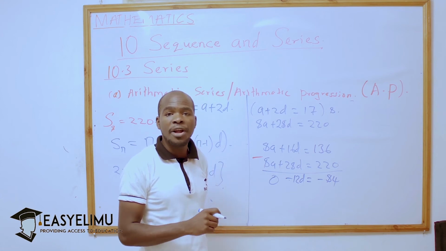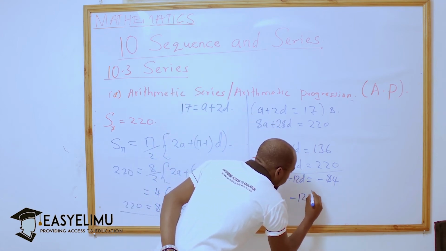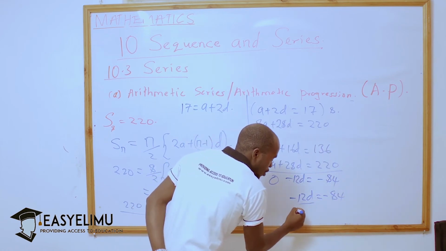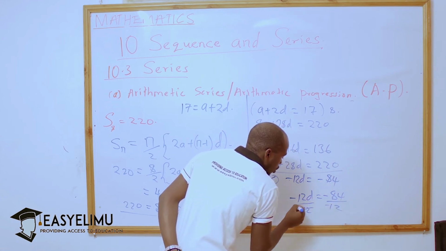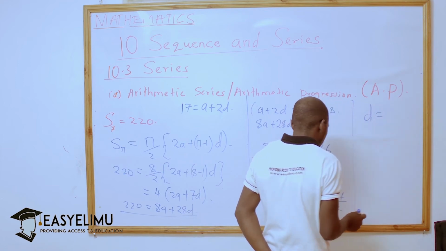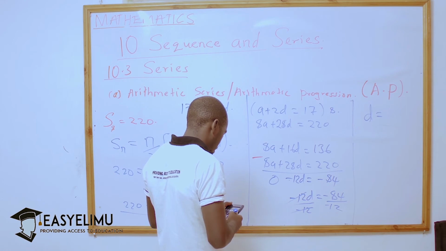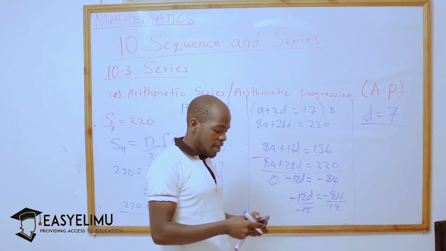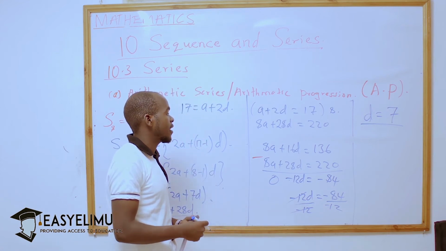If I need to find the value of d, negative 12d equals negative 84, so d is obtained by dividing both sides by negative 12. You will find that d is equal to 7. So we have found that d equals 7, and that means the common difference is 7.